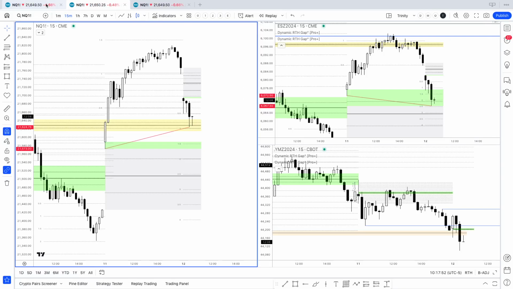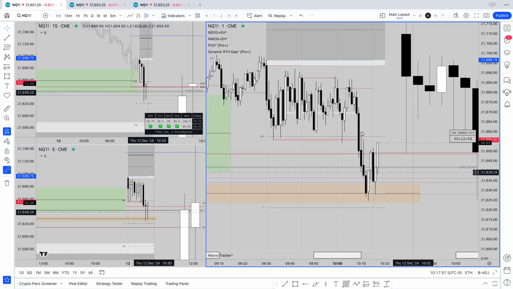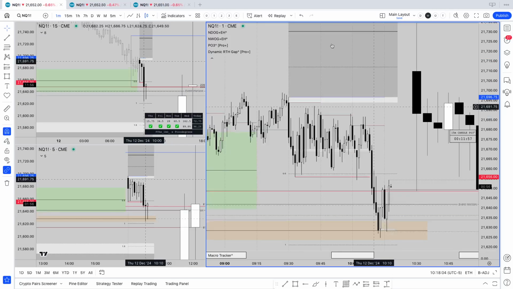Beautiful. You see? Shorts were trapped and we have buy side liquidity here and the gap is still open.